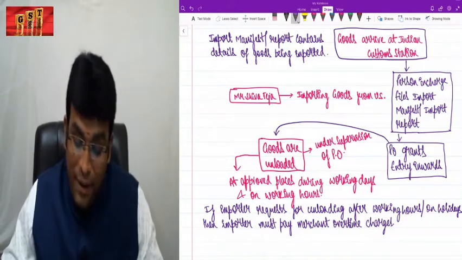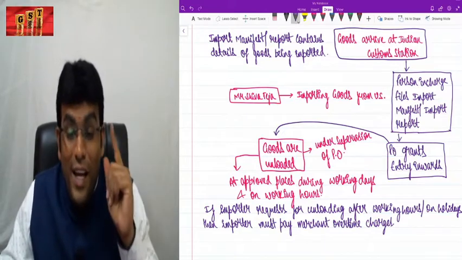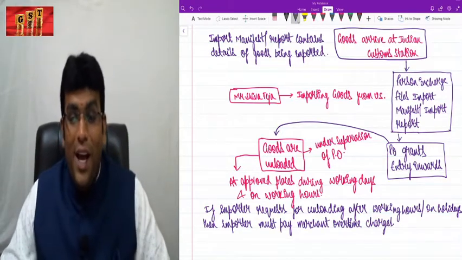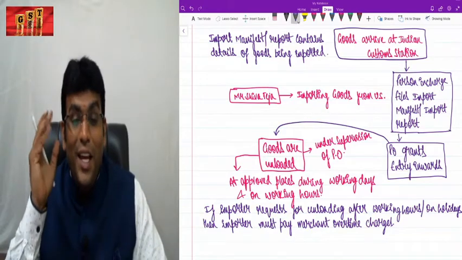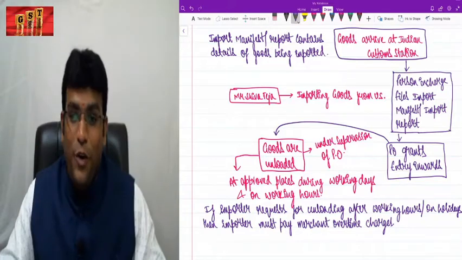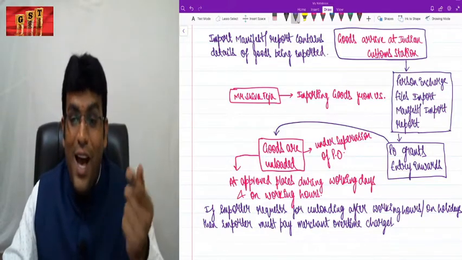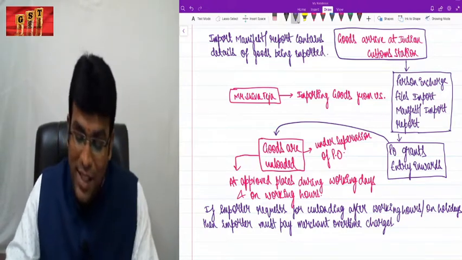Come on friends, I repeat one more time. What is the language used there, sir? If importer requests for unloading after working hours or on holidays, then importer must pay merchant overtime charges.